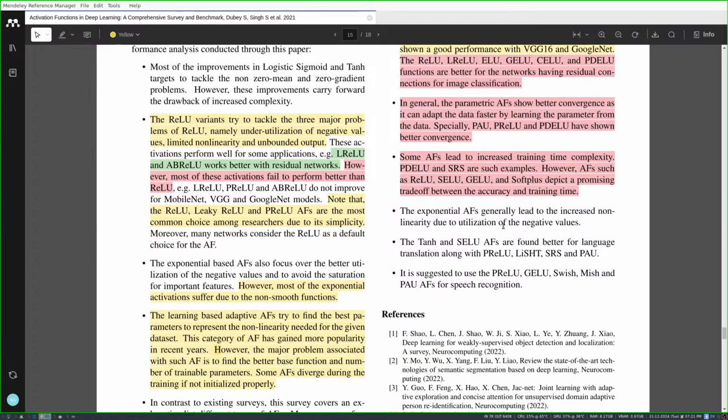The exponential activation functions generally lead to an increased non-linearity due to the utilization of negative values. Tanh and CELU activation functions are found better for language translation.